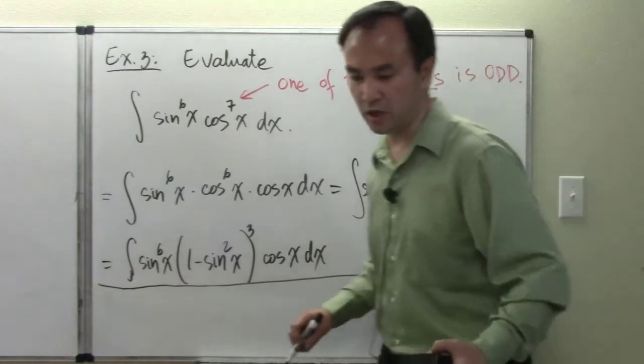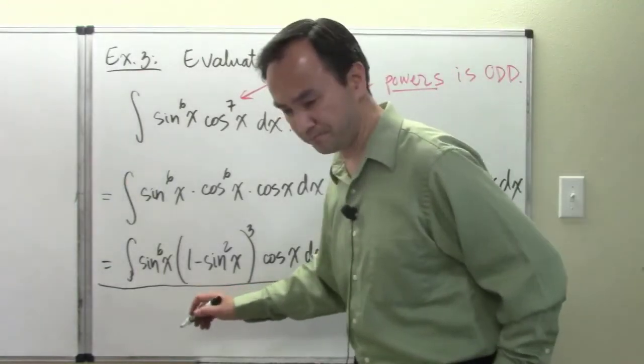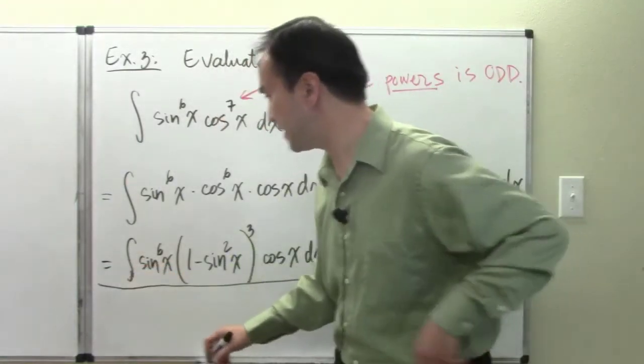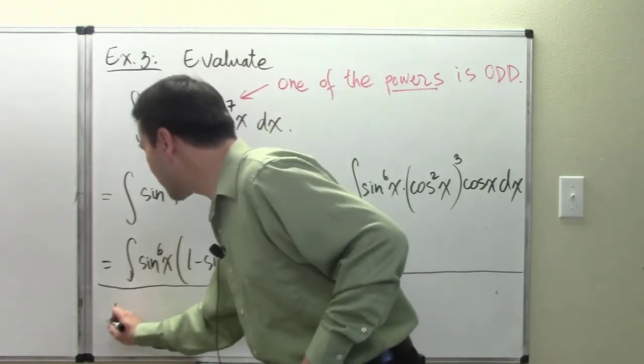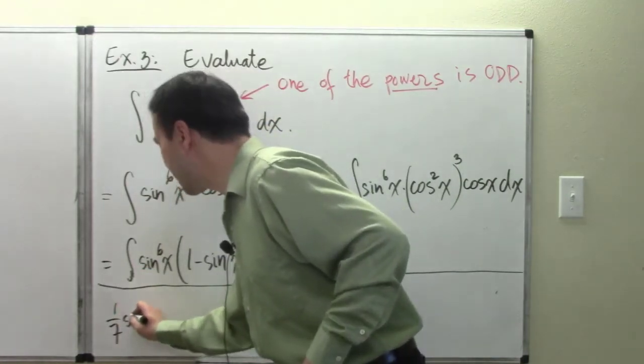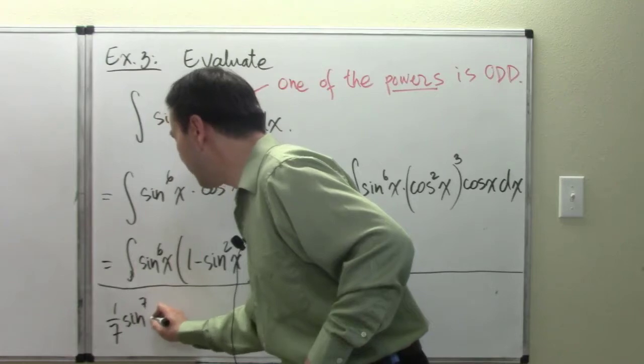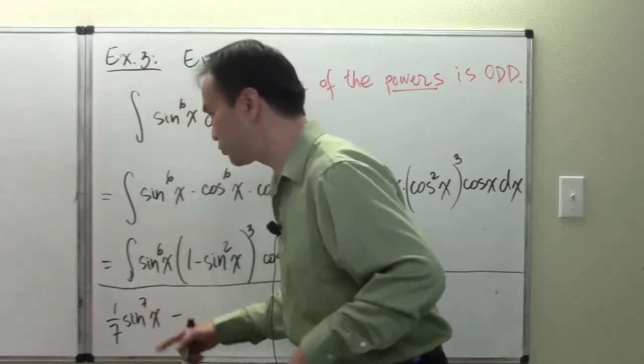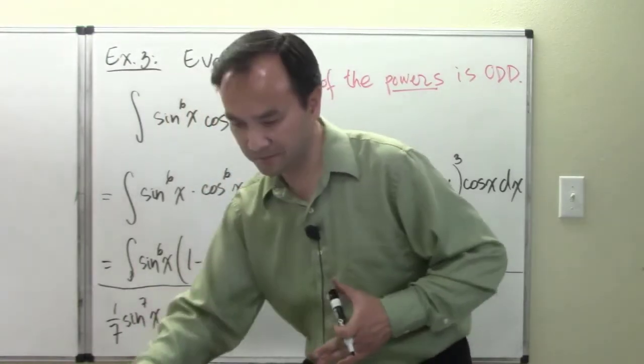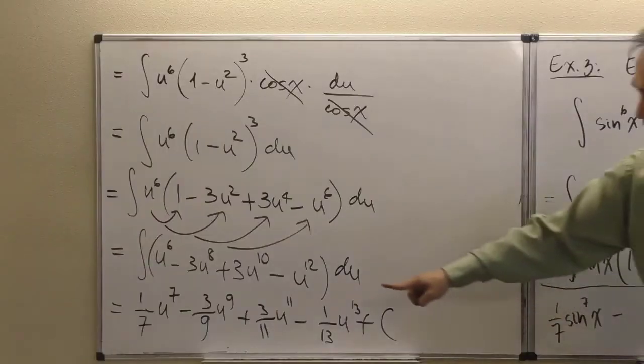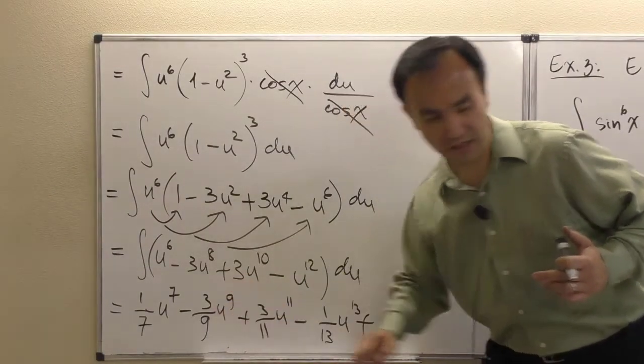All right, and so now in the next step, the first term is going to give me 1/7 times sine to the 7 of x, minus now 3/9 from the earlier board. 3/9 here becomes 1/3.